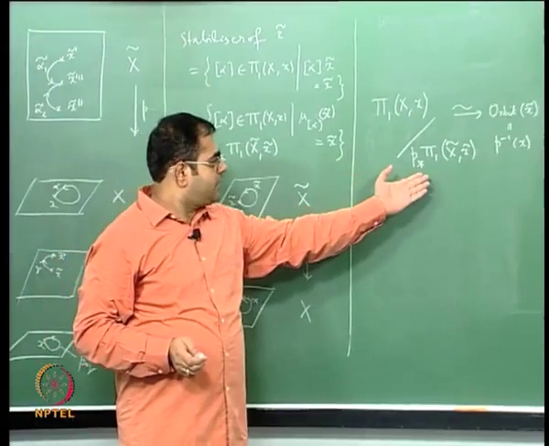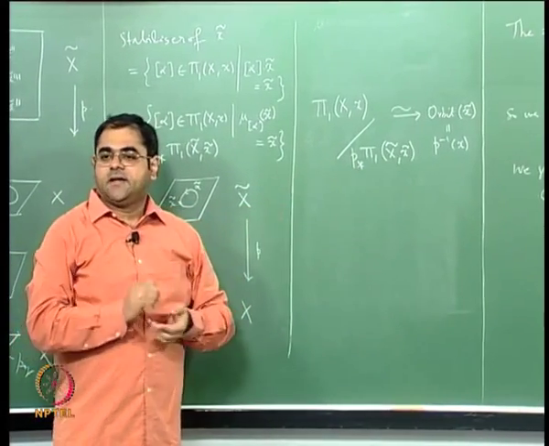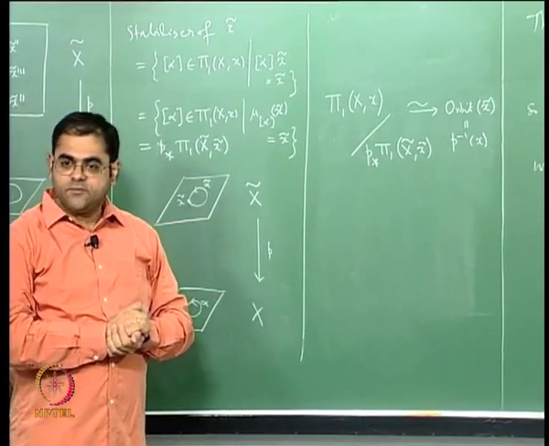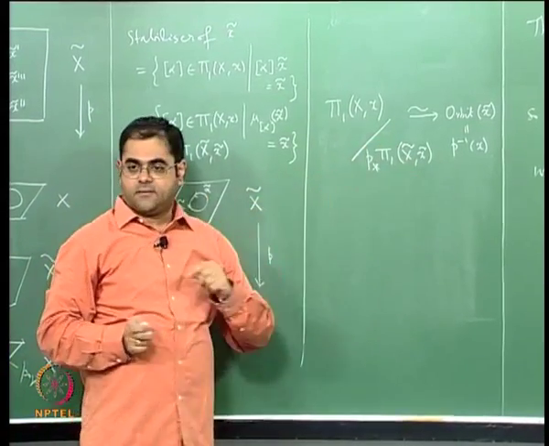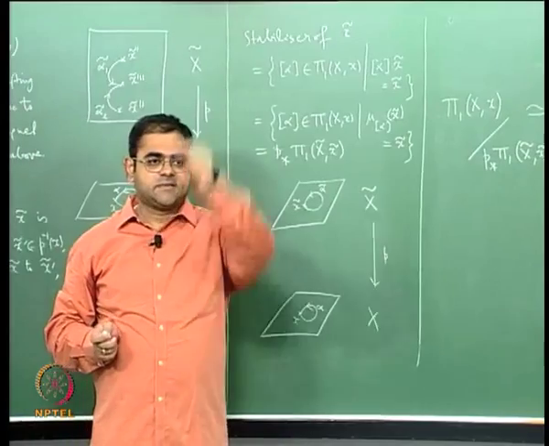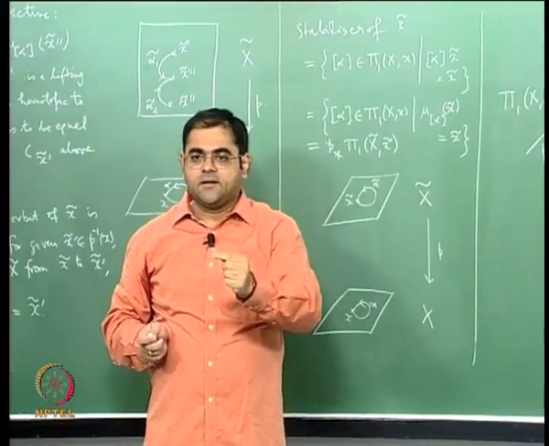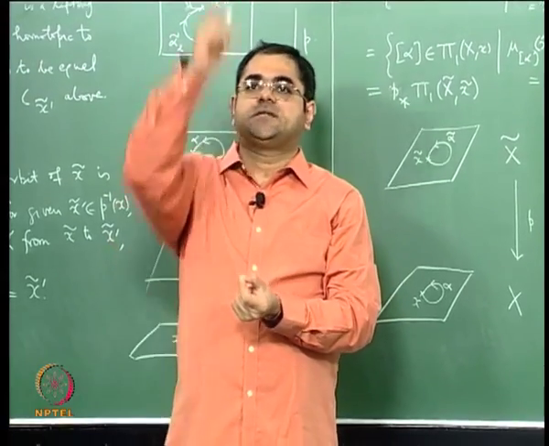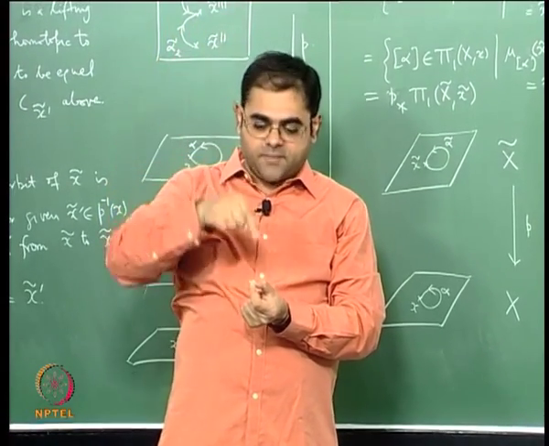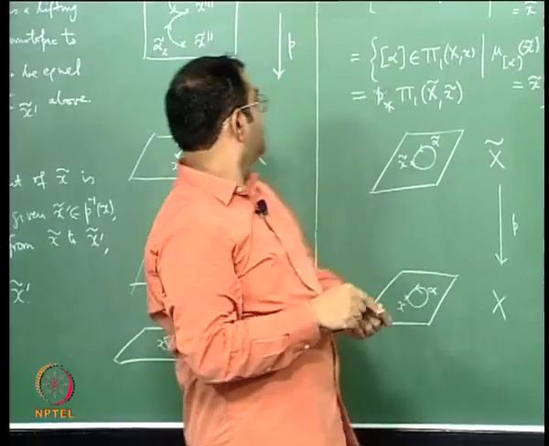And again let me repeat that this implies that if capital X tilde is a universal covering, then this is trivial. So it tells you that every fiber is just a copy of the fundamental group below. The fiber over each point is a copy of the fundamental group based at that point, okay.